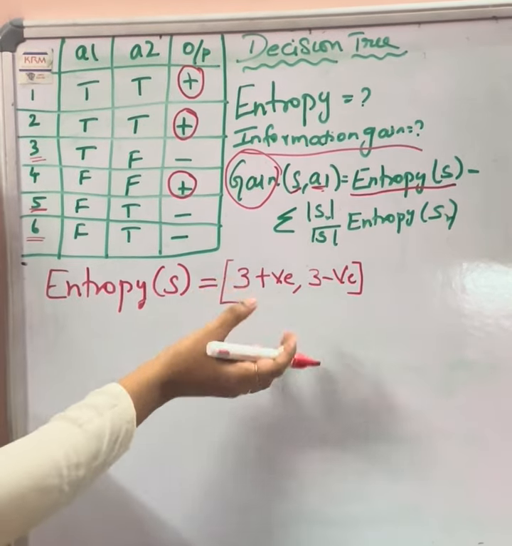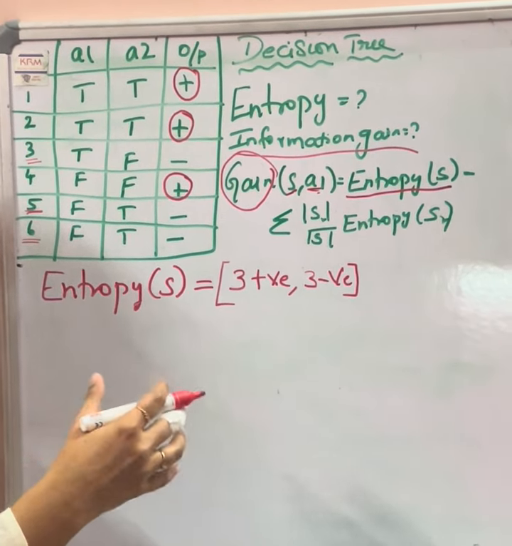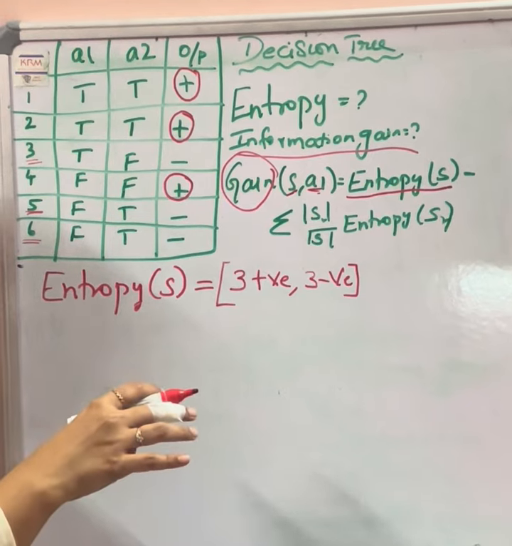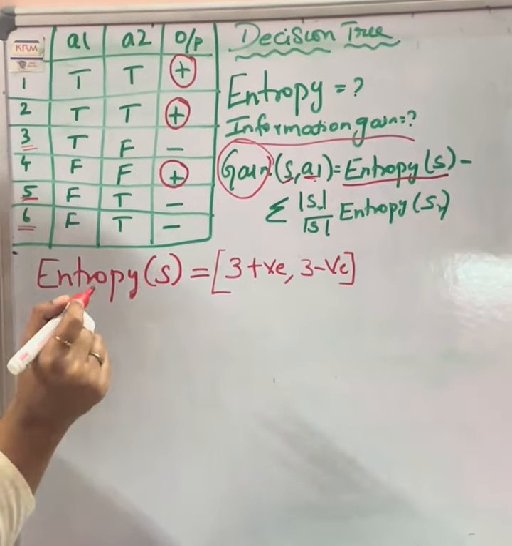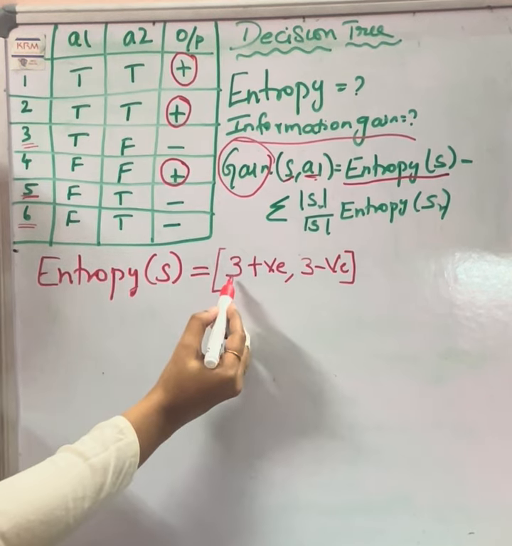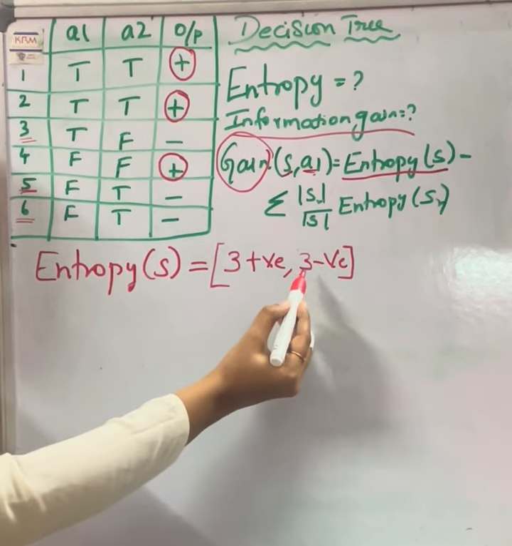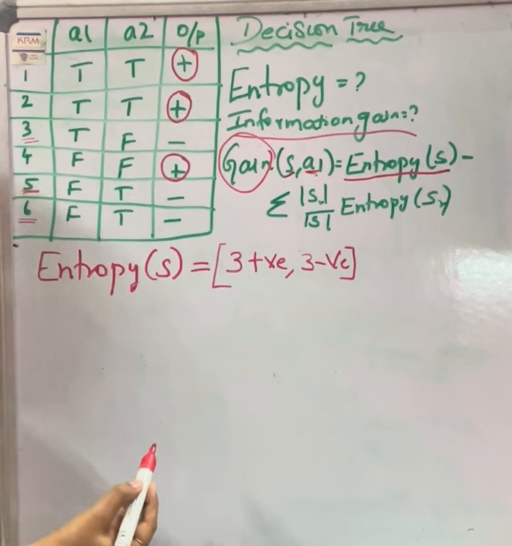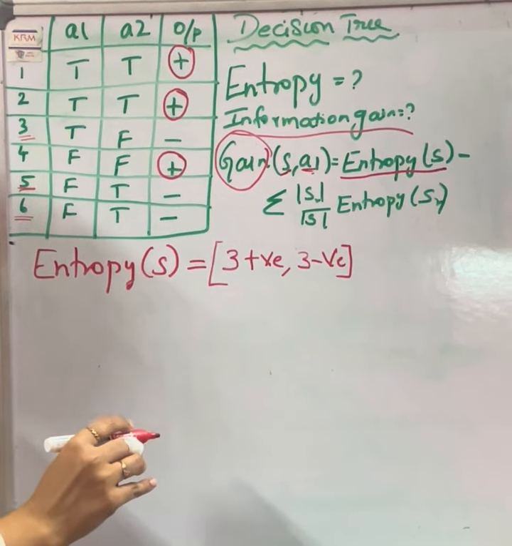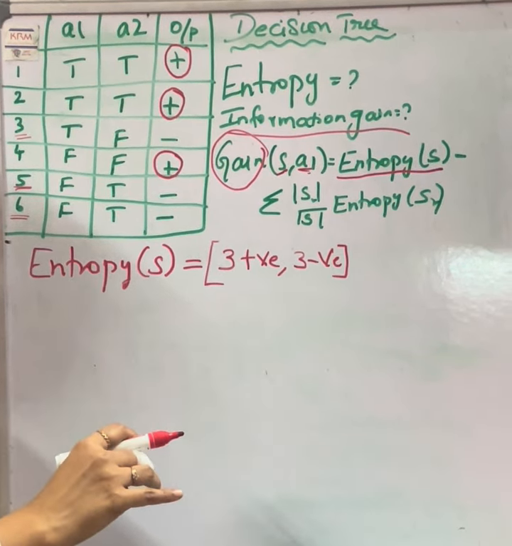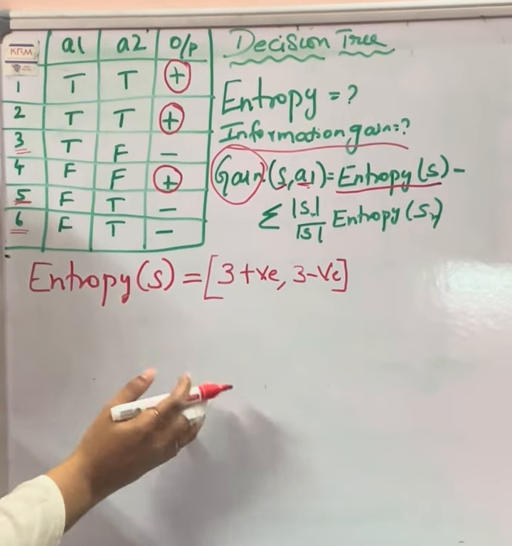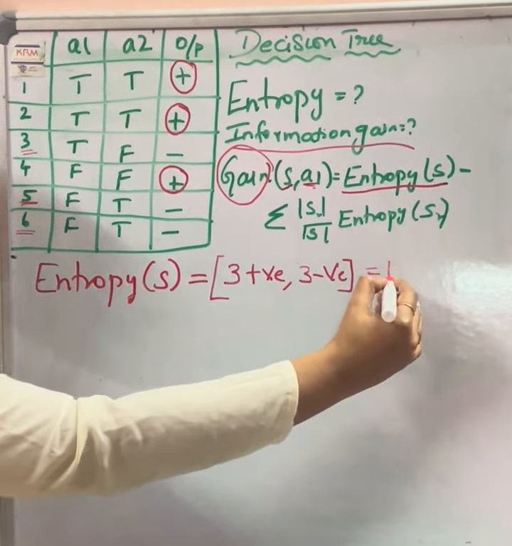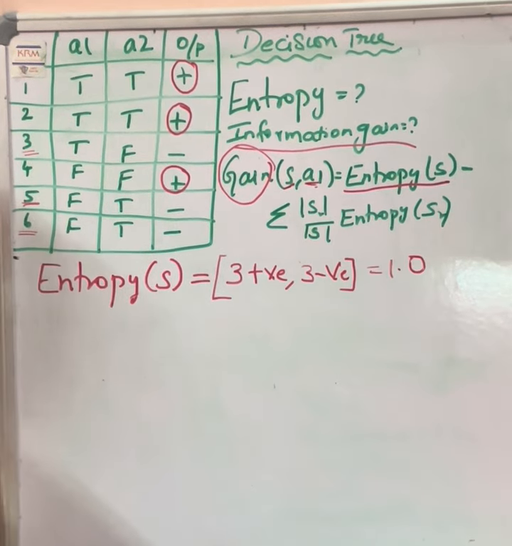Now we have to apply a formula so that we can find the entropy of S. But before calculating it, let me give you a hint. If you have the same number of positive and negative contributions, equal contribution, then your entropy of S is 1.0. You can write it without calculating the formula.